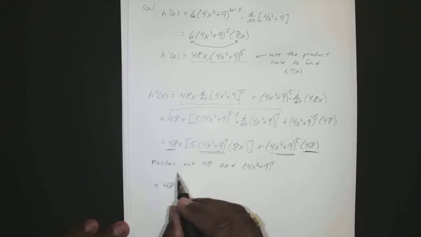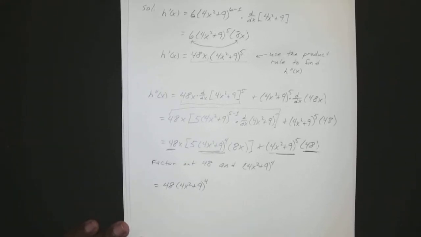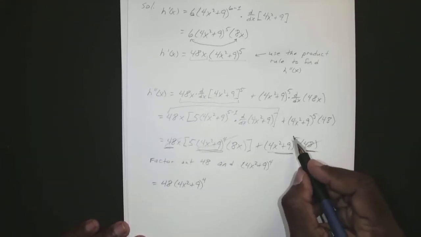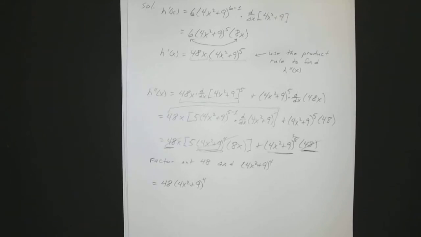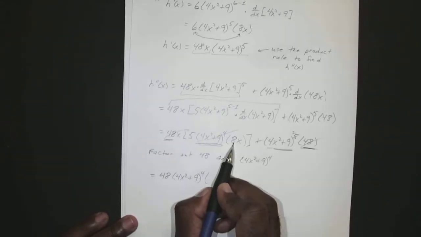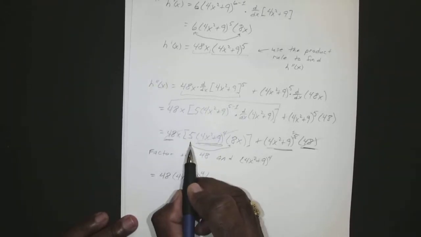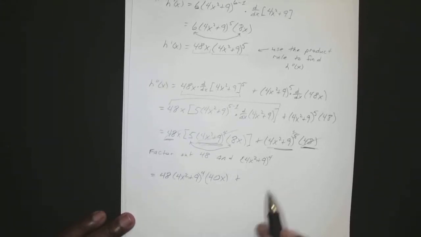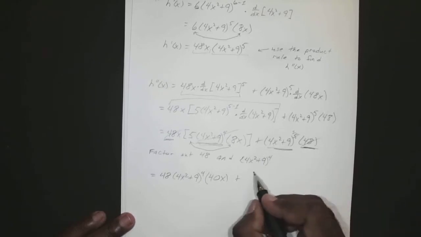Okay, so you have 48 times 4x squared plus 9 to the 4th power. So these, you already factored them out, so I'll just run a quick line through them. This, you factored that out, so run a line through it. And this just becomes to the 1st power, because you can only factor out 4 of them. Okay, so that leaves this times 5 times 8x. If we multiply those two, it'd be 40x plus 4x squared plus 9.